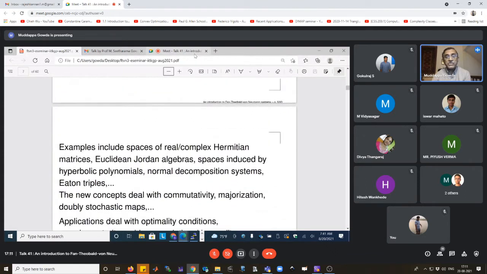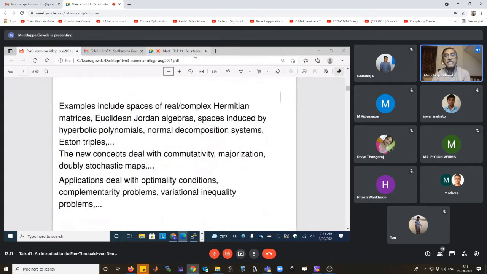Now, just to summarize, examples include spaces of real/complex Hermitian matrices, Euclidean Jordan algebras. These will include even quaternion Hermitian matrices, octonion Hermitian matrices, and the so-called spin algebra.